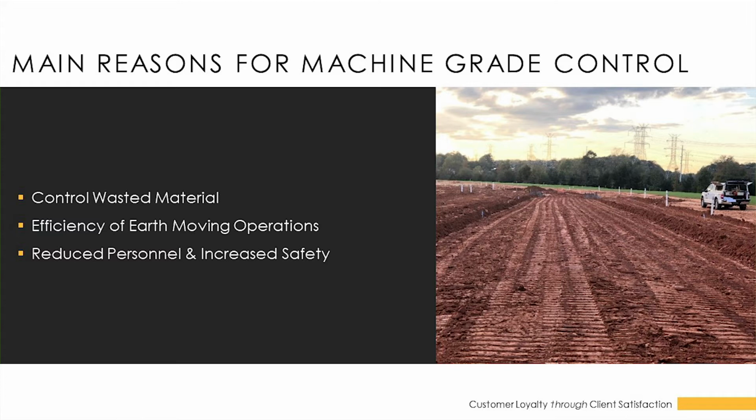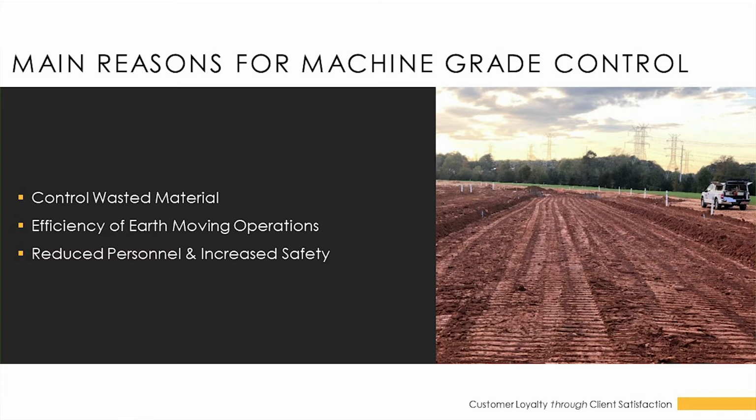So the main reasons for using machine grade control. You control or at least limit the amount of wasted materials such as gravel, topsoil, haul off, and import material. The efficiency of the earth moving operations, mainly no staking needed. And another reason is reduced personnel and increased safety. No need for the grade checking crew.